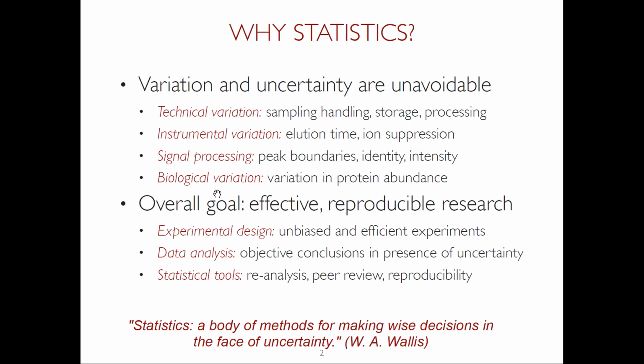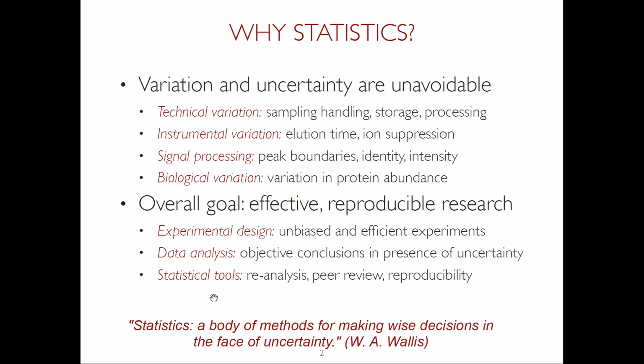You can think of statistics as a body of methods for making wise decisions in the face of such uncertainty. And really the reason why we need to use statistical methods is to make sure that our research is, on one hand, reproducible, but on the other hand is also accurate, which is not the same thing, right?